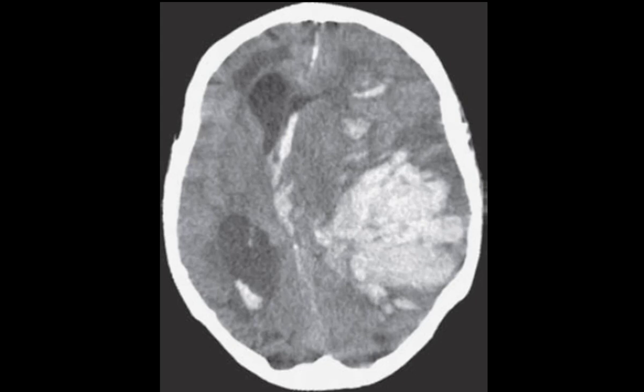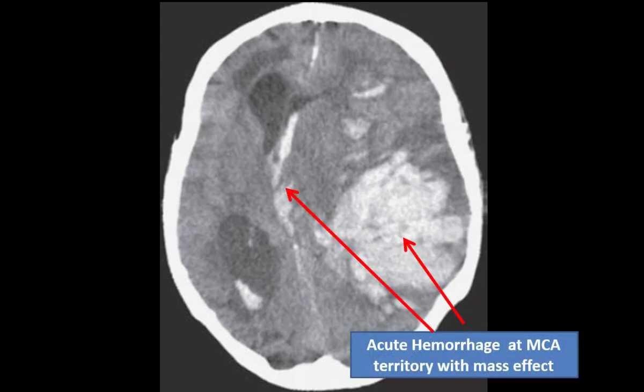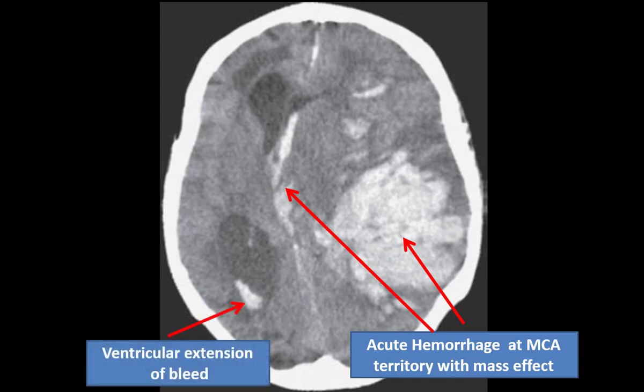There is intracranial hemorrhage leading to mass effect and midline shift. You can see effacement of ventricles and some intraventricular extension also. So, you have to thoroughly comment on a CT when you are given one in the exam. This is acute hemorrhage at MCA territory with mass effect and also intraventricular extension of blood.